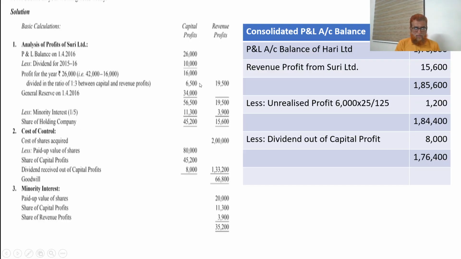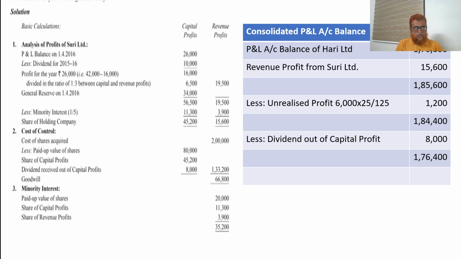So now you get the total, 56,500. This is 19,500 and the other one is 56,500. Now we have to learn how to divide this into minority share and majority share.